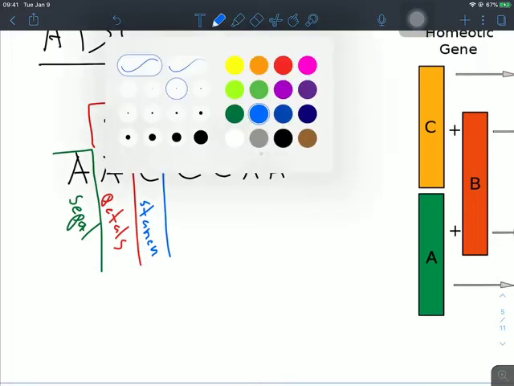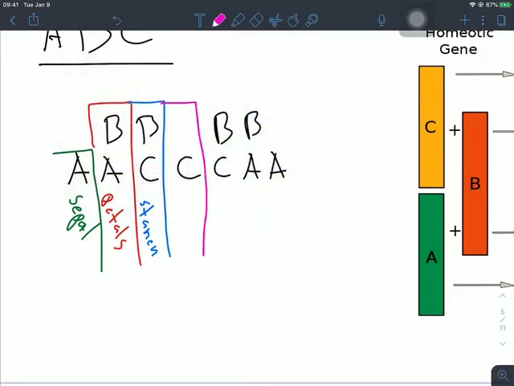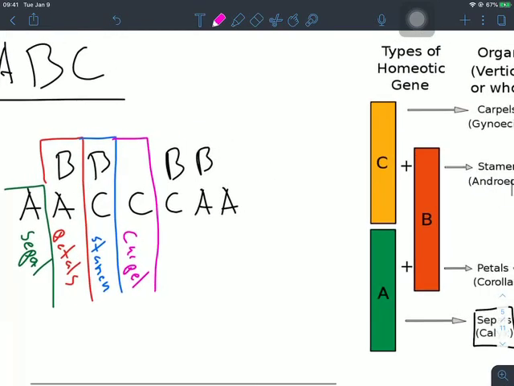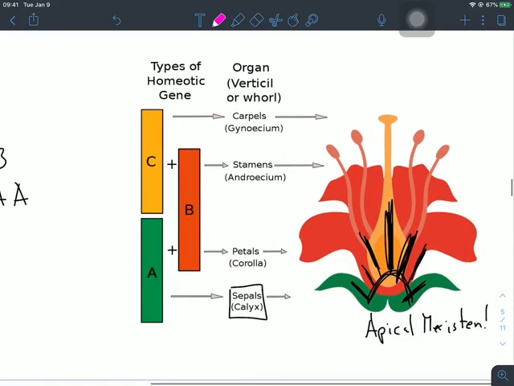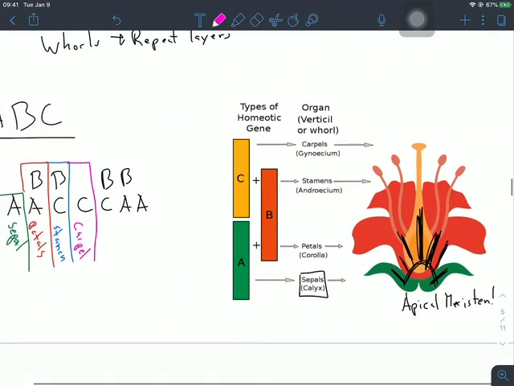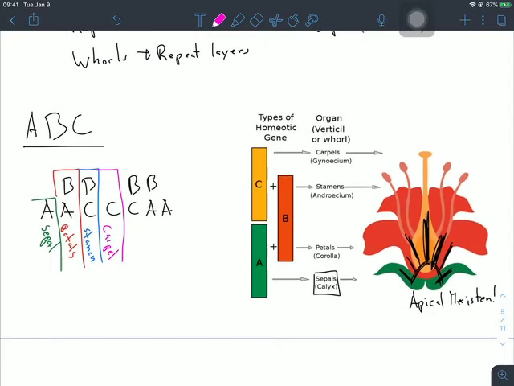And if the tissue is expressing just C, you're going to go ahead and make your carpels, your female reproductive tissue. And in this way, you repeat the structure, you're able to get this perfectly mirrored flower with each of its 4 whorls: sepals, petals, stamen, and carpels.